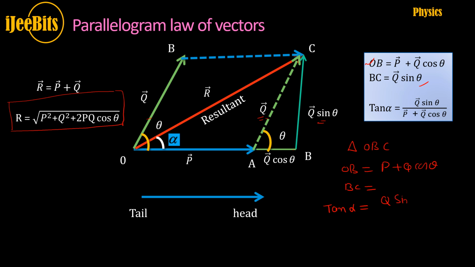Q sin theta divided by P plus Q cos theta. This would be your angle. So alpha equals tan inverse of Q sin theta by P plus Q cos theta. Are you clear? So remember, both of these are important for solving the problems.